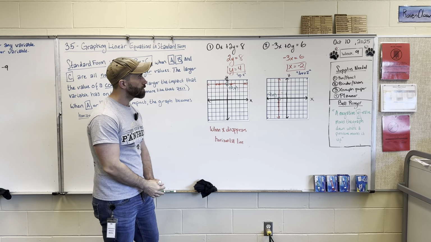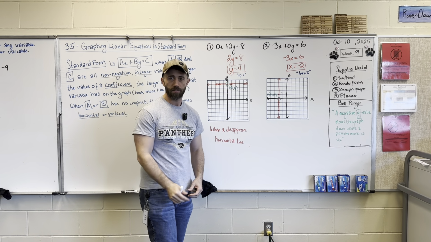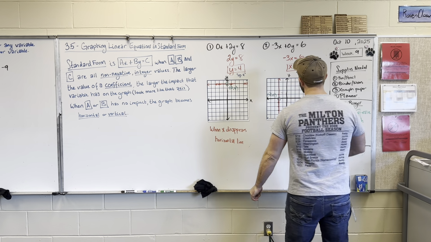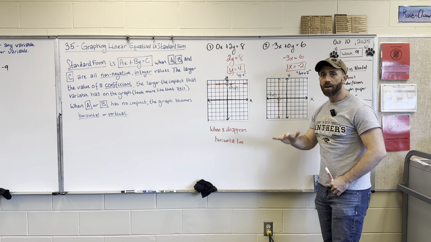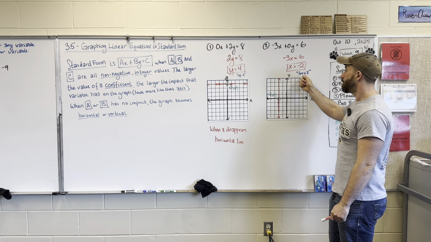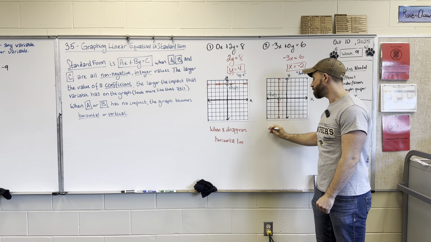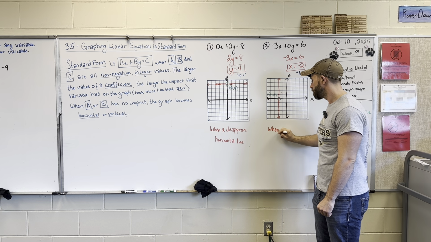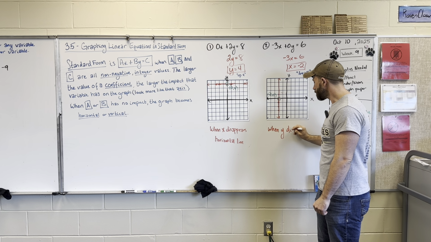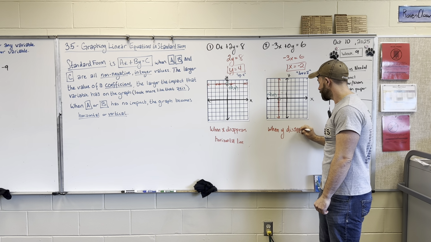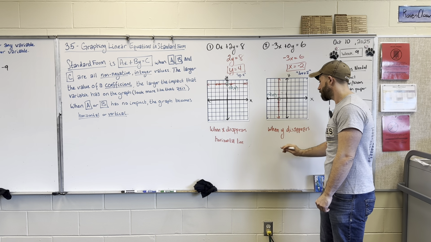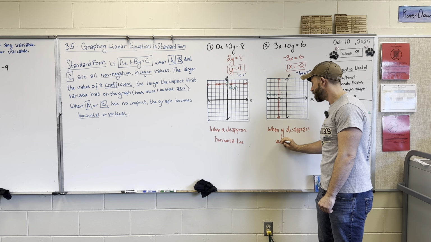And I say, okay, describe what happens when I remove the y from having an effect on the equation. Well, when height has no bearing on the equation, I can only be concerned with the left or right motion. So therefore, when y disappears, it becomes a vertical line.